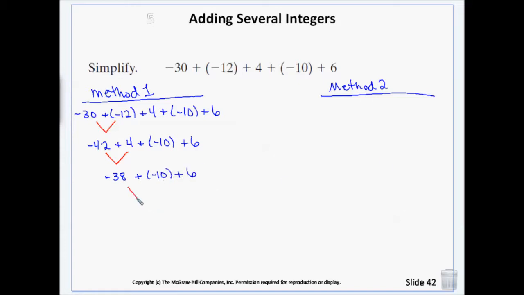And then I have -38 plus -10, they're both negative. So -48. And then -48 plus 6, they're opposite signs again. So I subtract, 48 minus 6 is 42, so it's going to be -42. That's one way to do it, just in parts.